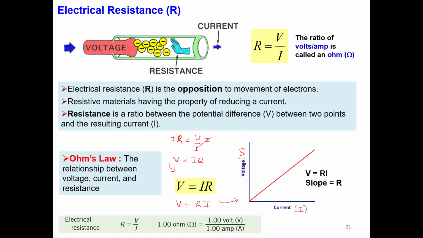And if we have this equation, we have a slope. We can see the slope of this line corresponds to the resistance. We have y equals mx plus b. Y is the voltage, x is the current, then the slope must be the resistance.